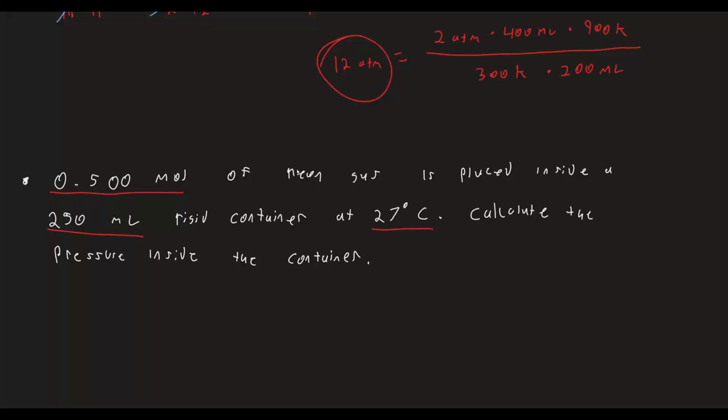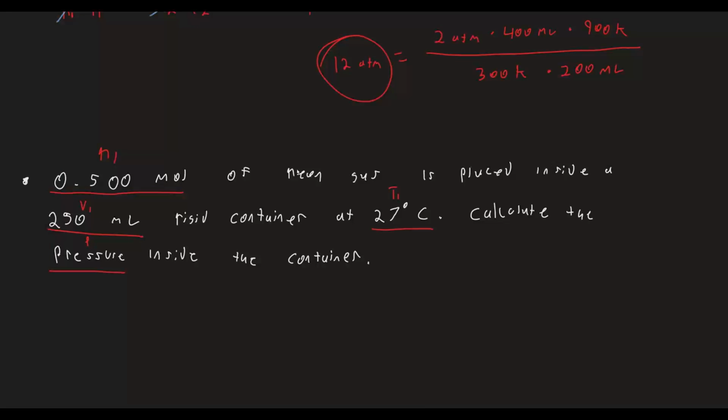So based on this, we have an N1, we have a V1, we have a T1, and we have a pressure, which is our P2. Or rather, we'll just say our P.